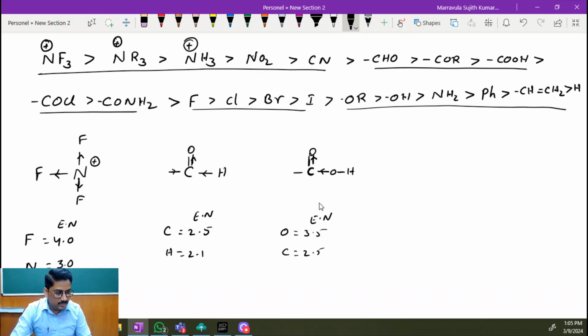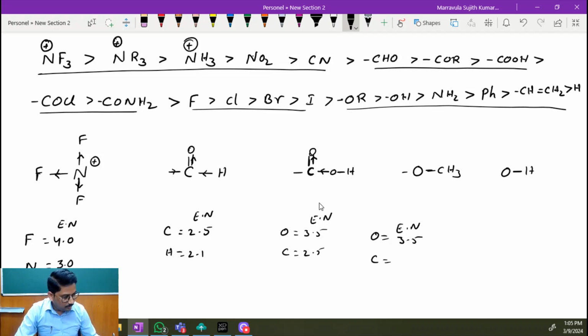And coming to the FCl, you know that fluorine is more electronegative than chlorine, and like that, OR and OH also. So the same thing, OR and OH. Let's take OR. OR is CH3 can take, right? CH3, and here OH. You know that oxygen's electronegativity is 3.5, carbon's is 2.5, and hydrogen's is 2.1.